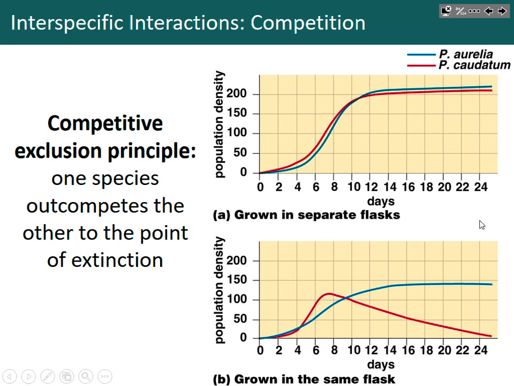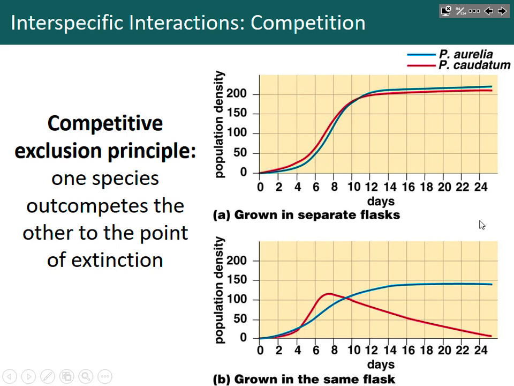If you put those two species into the same flask, they both grow at a lower intensity to begin with, and then the Caudatum species really takes off, and the Aurelia continues to grow slowly, and then at some point here, Caudatum just crashes down to zero, and Aurelia is able to survive at a lower overall population size. And so in that case, they weren't able to compete successfully.